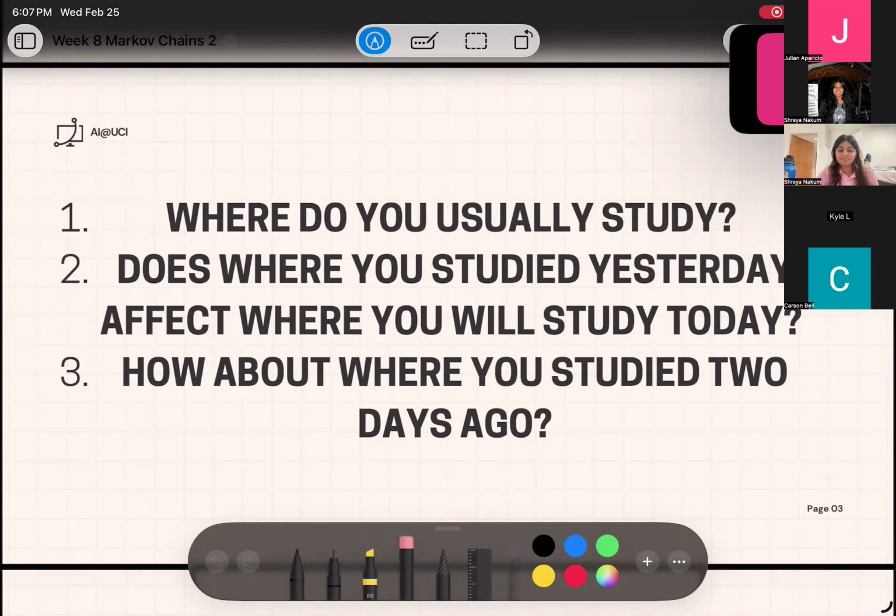Science library. ICS quad. Yeah, science library, ICS quad. The other question I have is, does where you studied yesterday affect where you'll study today? For example, let's say that you went to the science library yesterday. Does that affect where you're gonna end up studying today?